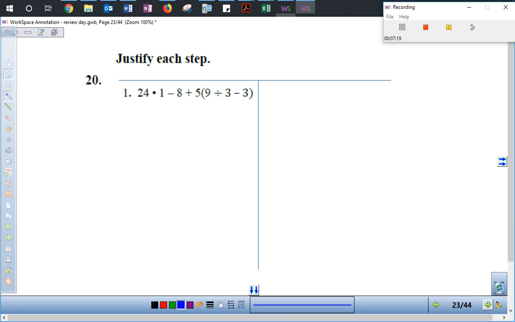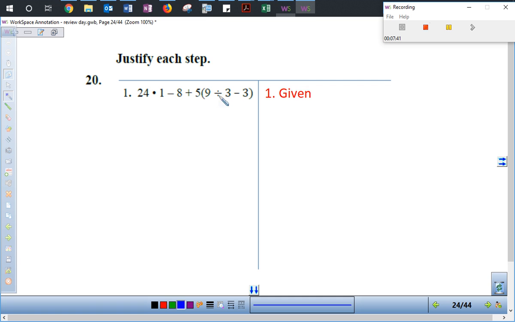On number 20, I would like you to pause the video and complete both sides of this proof, and then come back and we will go through step by step together. Alright, so first step, remember the justification is always given. We need to make sure that we number each step and that they're nice and in line.